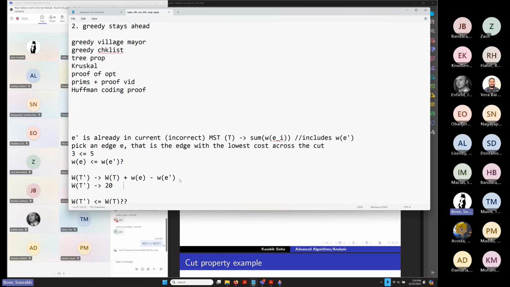And what are we saying? We are saying plus add our edge cost, so that is plus 3. That also includes the weight of E prime, which is 5, but then we are going to subtract out 5 from this thing. Do you guys agree that this new tree will be less than 20? So if it is less than 20, obviously because of this surgery, we have made the cost go down. So your solution is now better than the assumed solution. And that is how the proof mechanism works for both Kruskal's, Prim's and other algorithms. Okay.